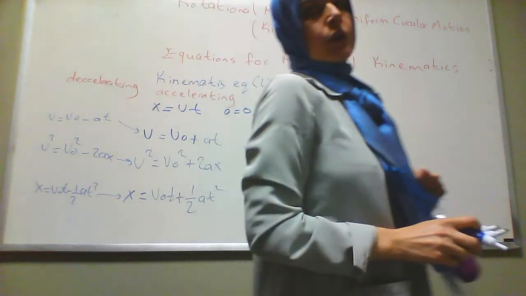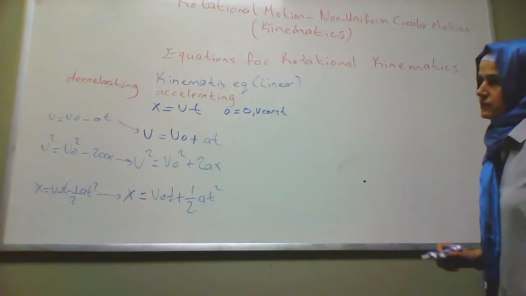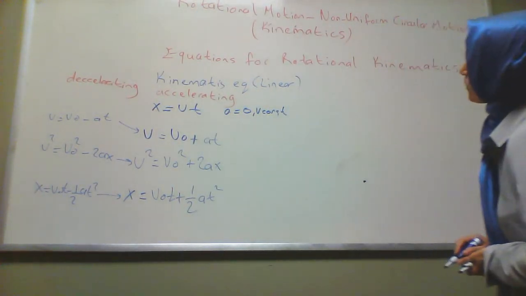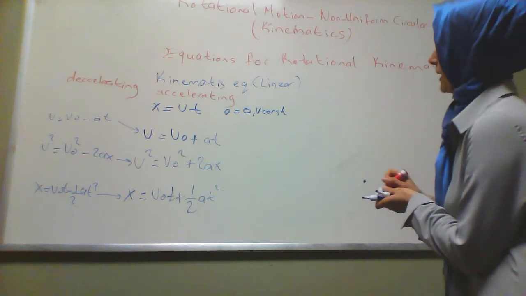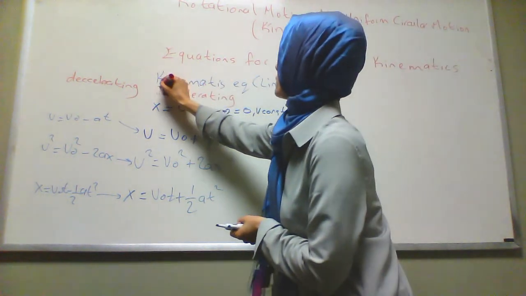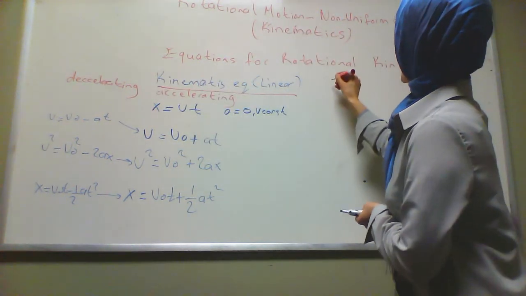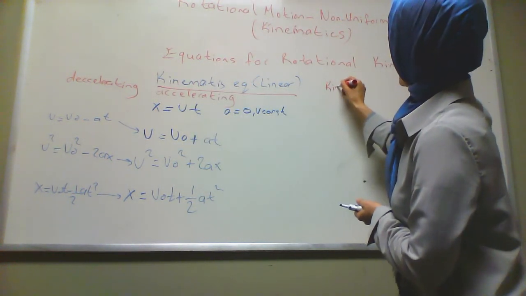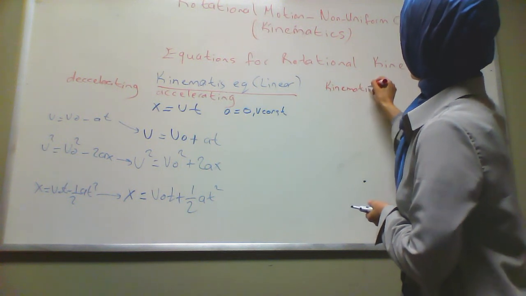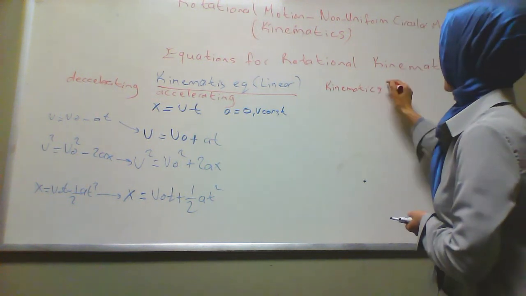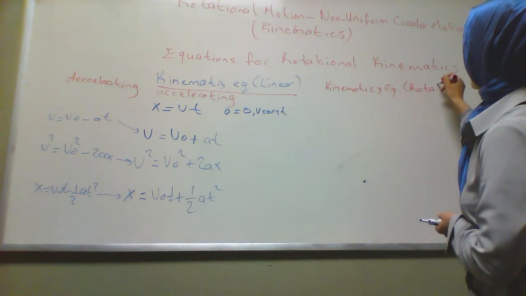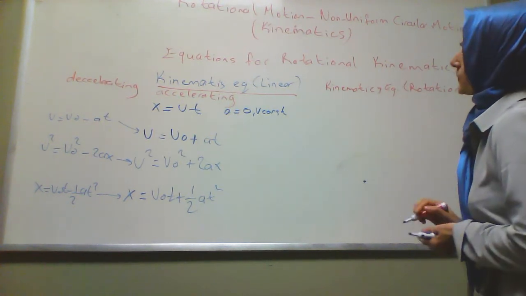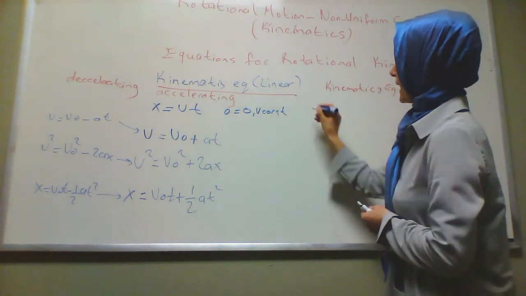Now let's move on to equations, to be a better word, for rotational kinematics. Now we move on to rotational kinematics. Let me put this: kinematic equations for rotation. We will be replacing x by theta.